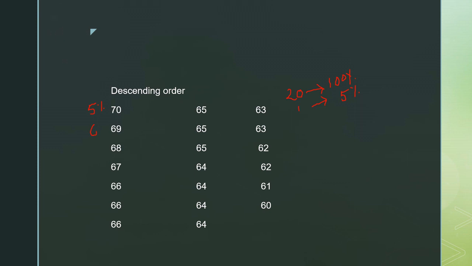So this value appears in 5%, right? Then this is 10%, as 5 has to be added. This is 15%, this is 20% value.